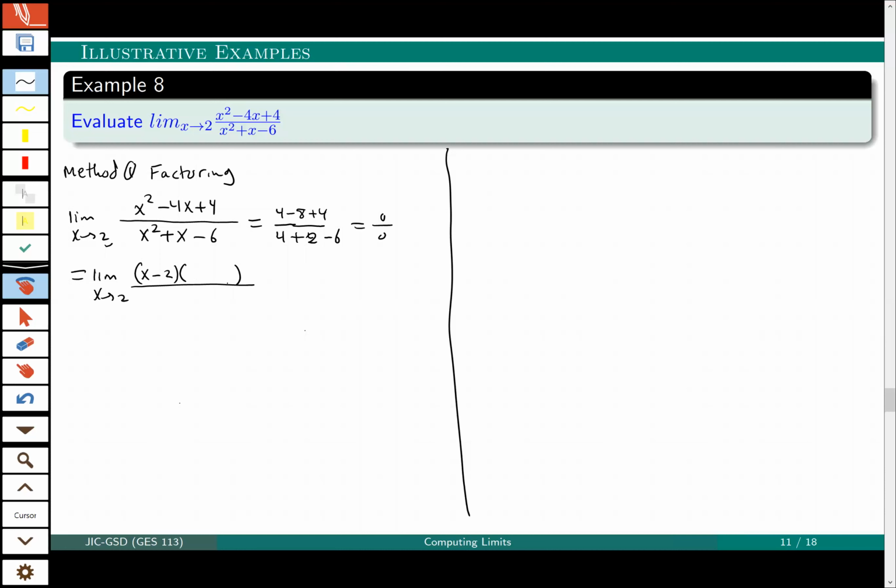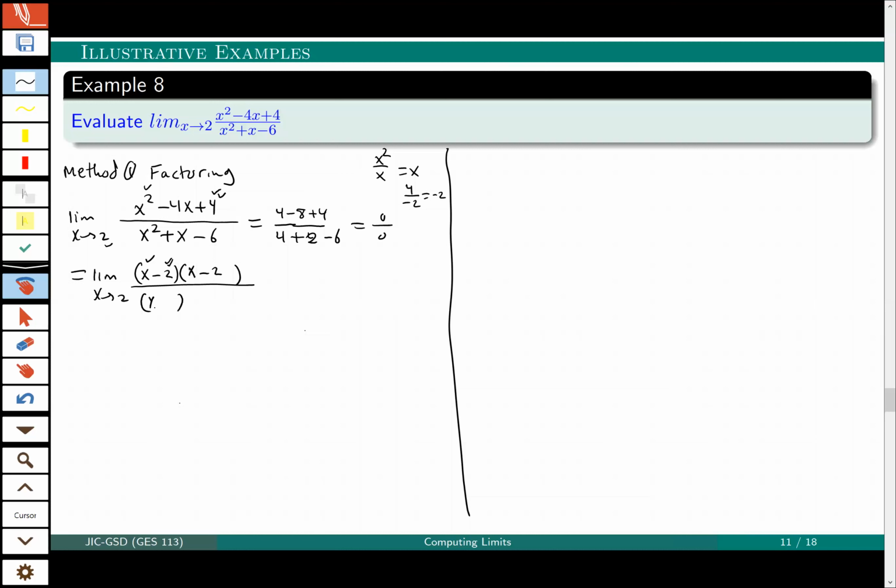And to get the second term, we take x squared over x, which is the first by first. That will give me x. And the last, which is plus 4, divided by the last here, which is minus 2, so you will get minus 2.